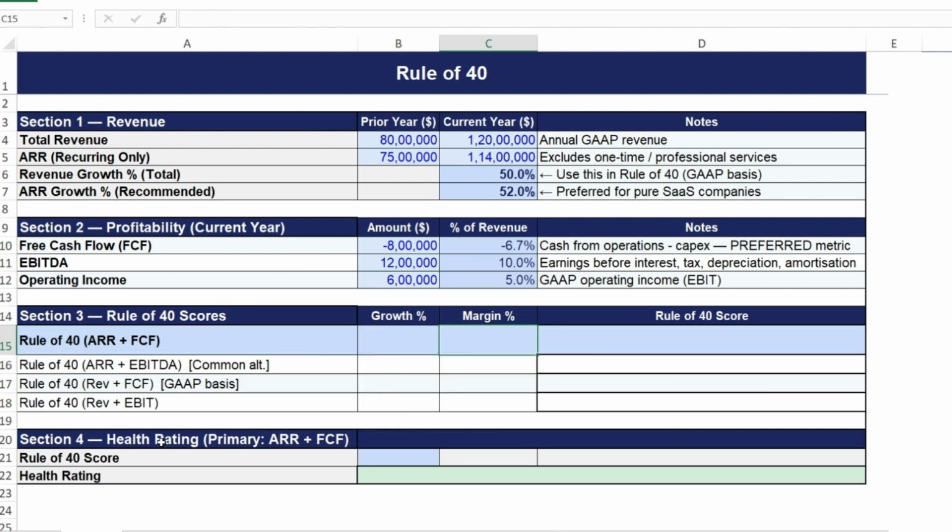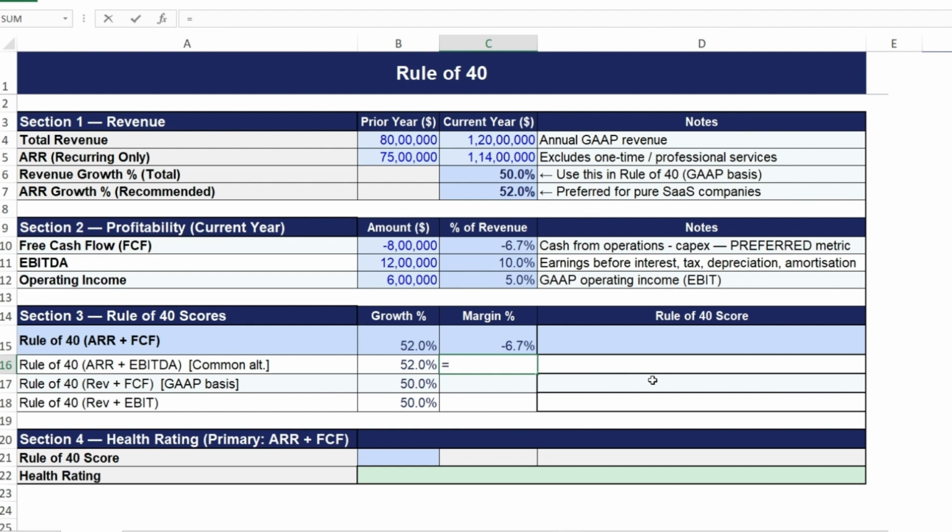Now, in section 3, we will simply fill out the values that we have already calculated. So, as per Rule of 40, we will take ARR in the first two rows, and then we will be calculating the same with the help of revenue. So we will take revenue here, which is 50% in both of these. Then we will be calculating it with the help of FCF in this one, so minus 6.7%.